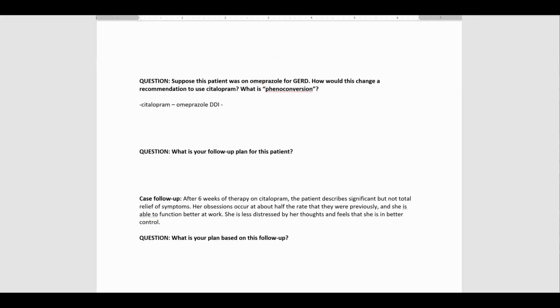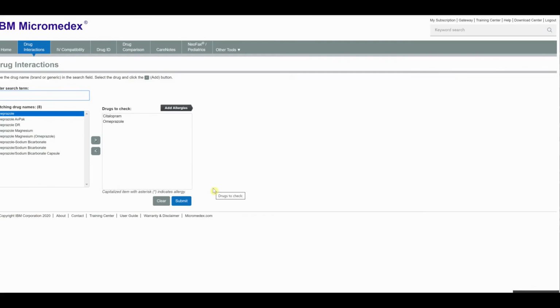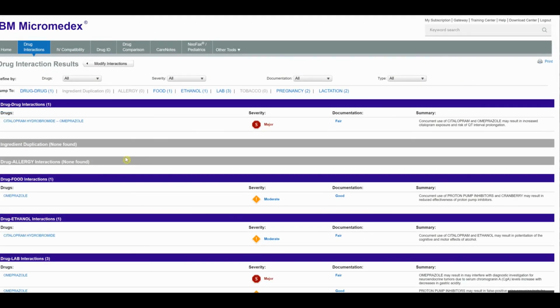And if we went ahead and went to an actual drug-drug information resource, we can figure out what that drug-drug interaction is. So let's go do that. As you can see here, I enter in citalopram and omeprazole into Micromedex's drug-drug interaction program. What we can see pops up again is a major interaction, which is what we expected, where the concurrent use of citalopram and omeprazole results in increased citalopram exposure and a supposed risk of QT interval prolongation.